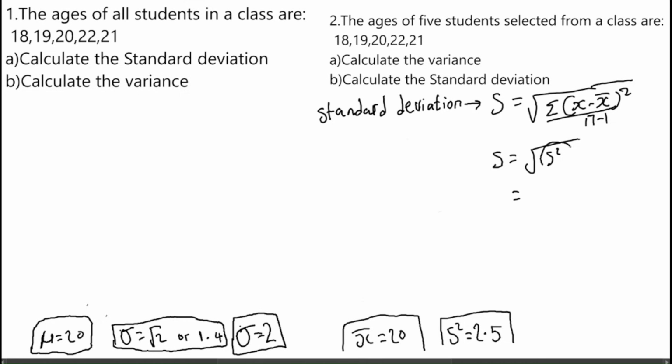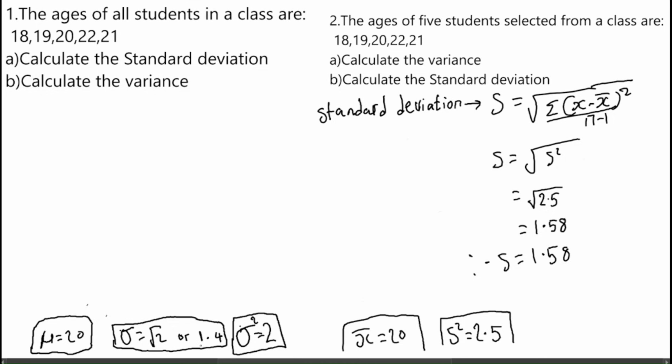Now note that this variance correlates with this value. So the standard deviation is the square root of 2.5. So S is equal to the square root of 2.5 is 1.58. Therefore, our standard deviation here is 1.58.